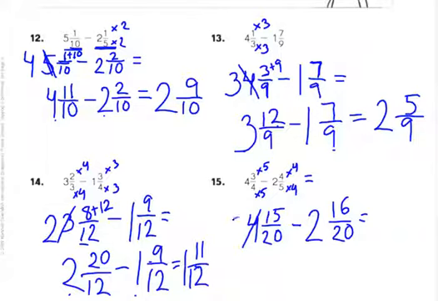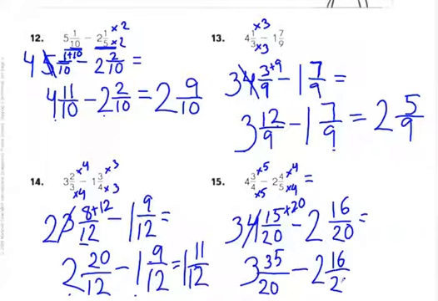Cross out the 4, write a 3. Then over here, add the denominator to the numerator. So now we have 3, 15 plus 20 is 35/20 minus 2 and 16/20.